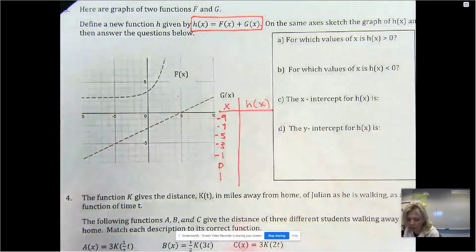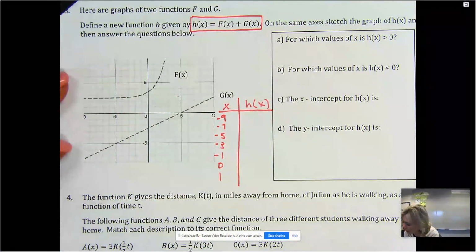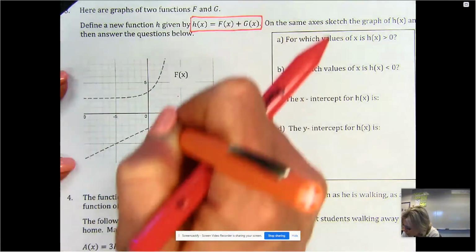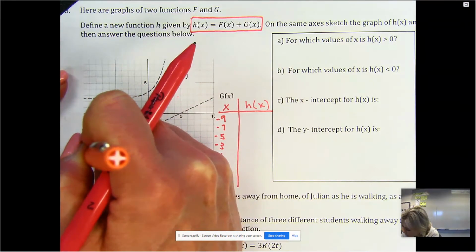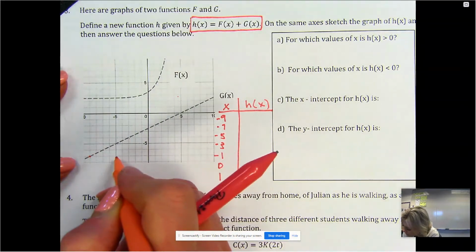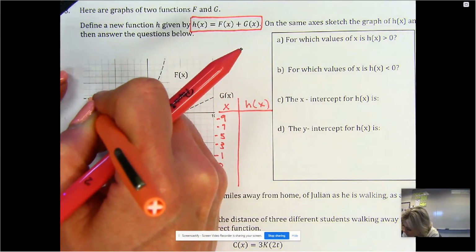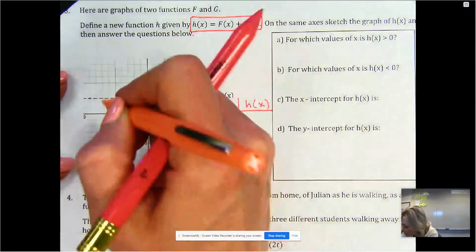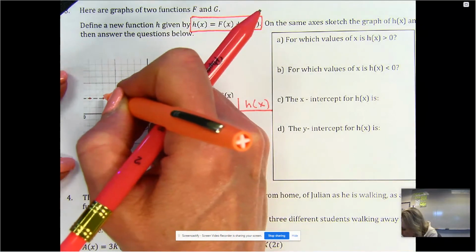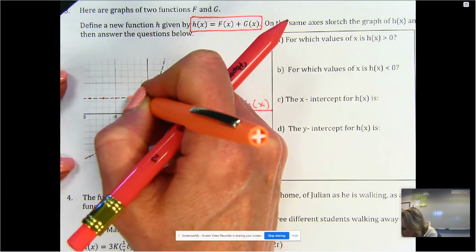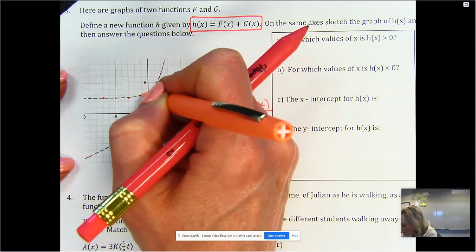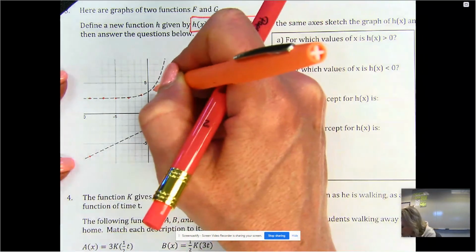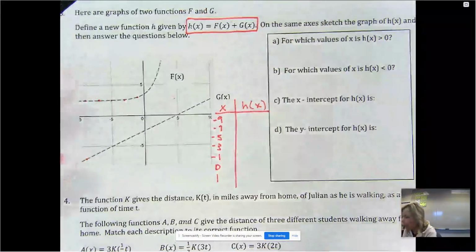So the first set of points, when x is -9, and we're adding the functions together, g of x is right here at -7, and f of x is here at about 2.5. It's following an asymptote, so these are all about 2.5. Then this is 3, and it just gets bigger and bigger from there.